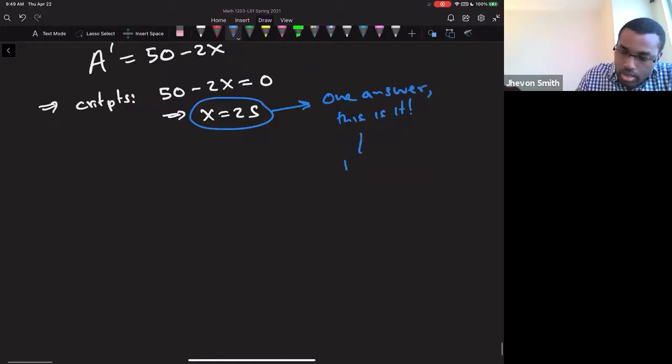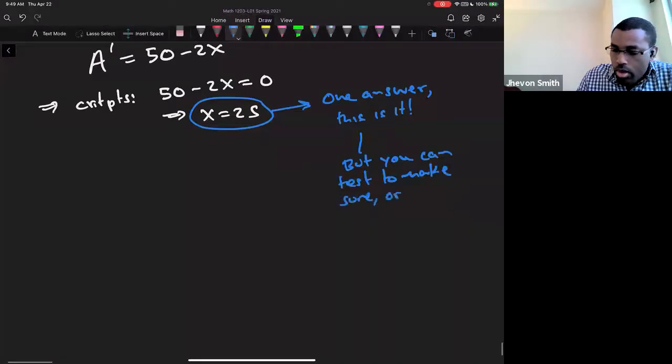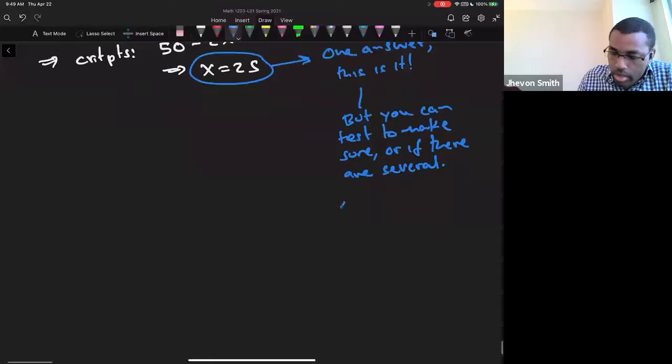But you can test to make sure, or if there are several. So here, notice that x is the length.